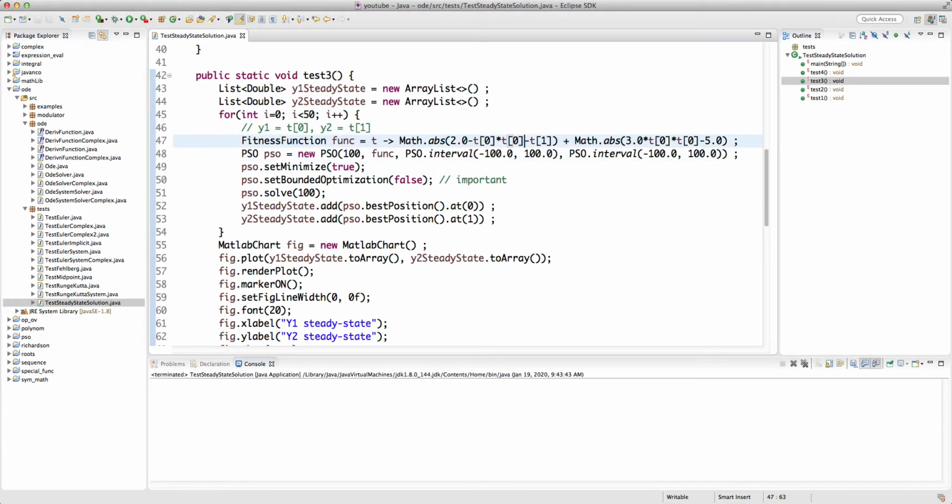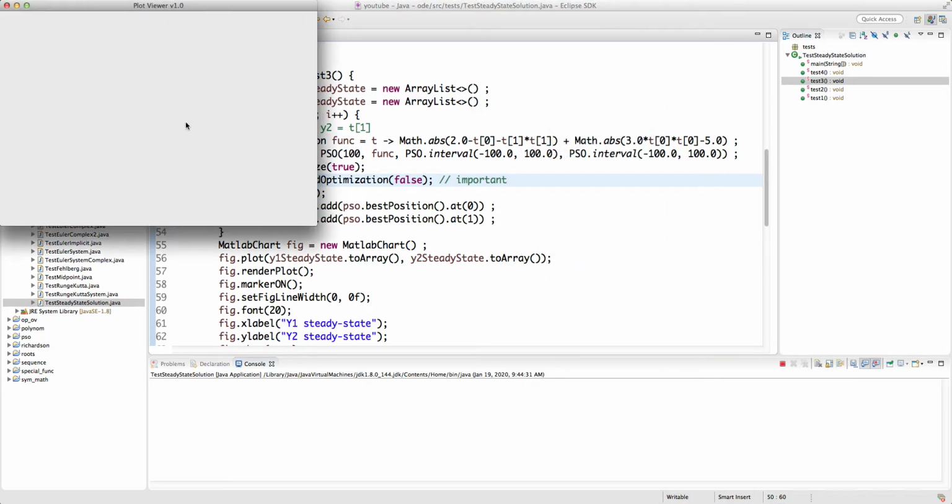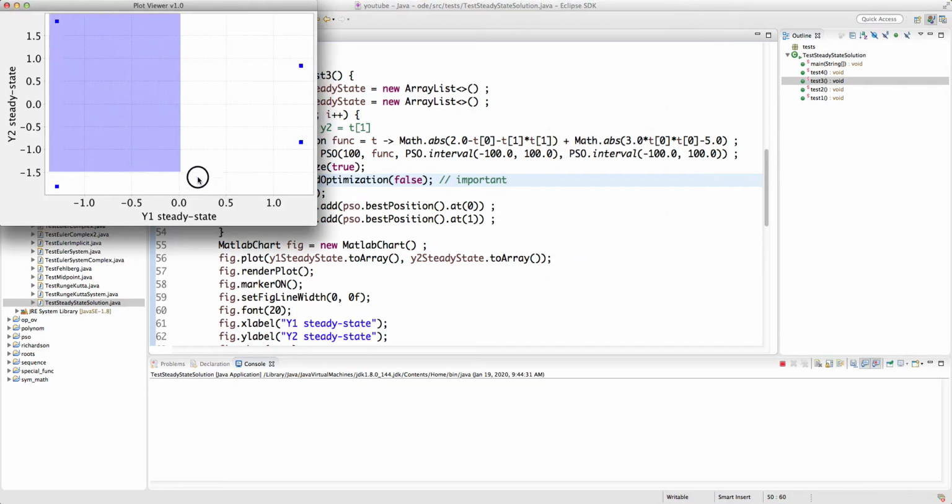And let's say now we have, instead of this, we have t1 squared. So t0 can have two values, and then for each of those values, t1 can have two values. So we should end up with 4 steady state solutions, which is indeed the case, right?